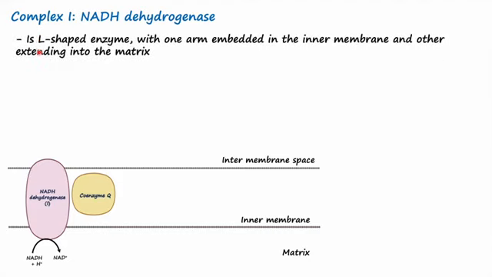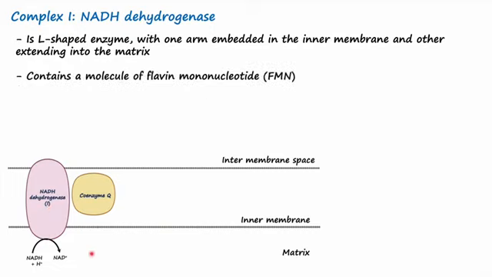Complex 1 is an L-shaped enzyme, a transmembrane protein with one arm embedded in the inner membrane and the other arm extending into the mitochondrial matrix. It contains a molecule of coenzyme, flavin mononucleotide. So complex 1 is tightly bound to the coenzyme FMN.